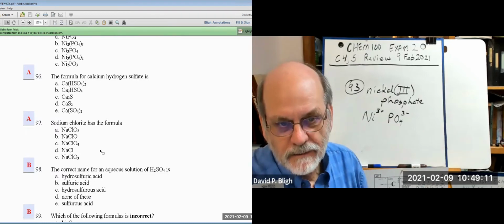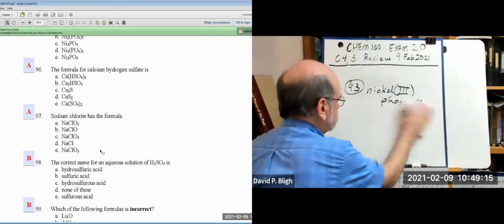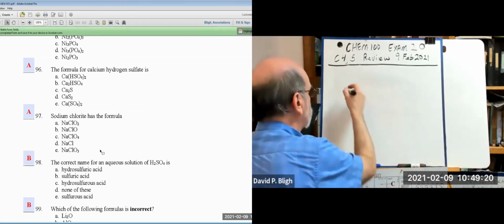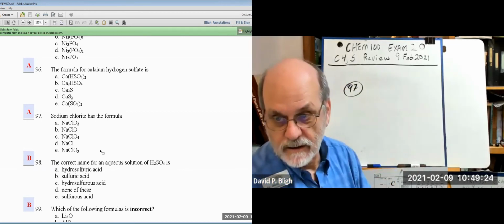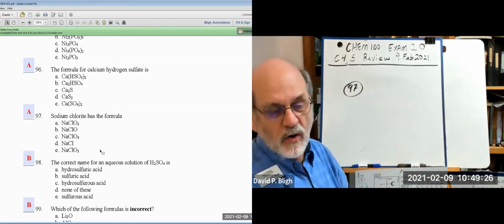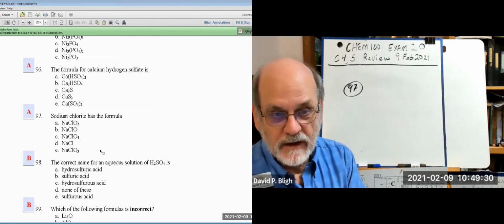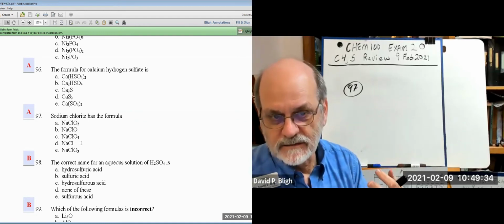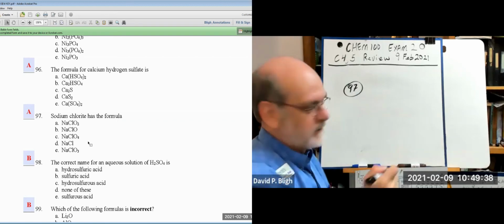97. Sodium chlorite. If you're not careful and you don't read that carefully, you're going to think sodium chloride and write NaCl. But that's not right. Chlorite is a polyatomic ion.